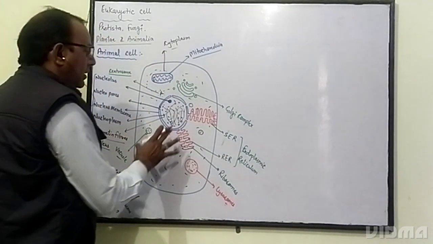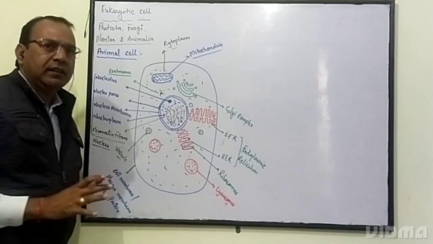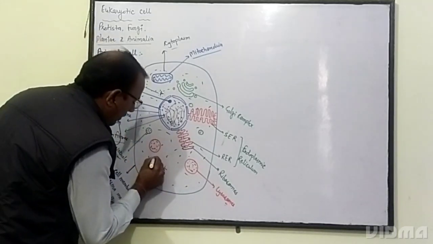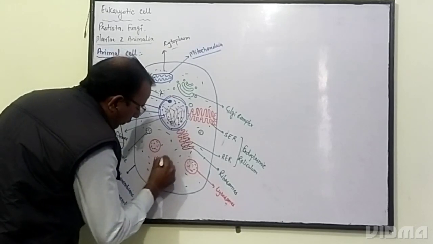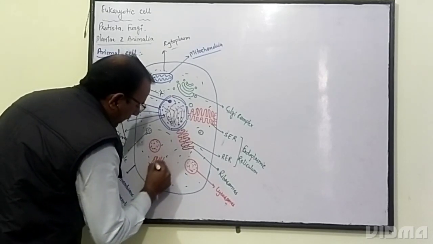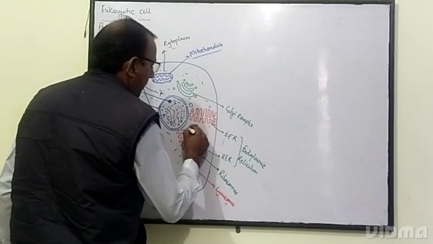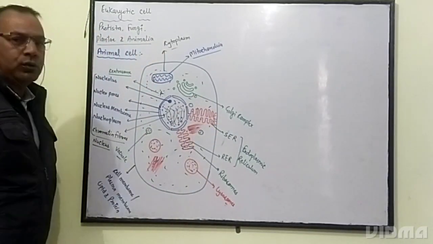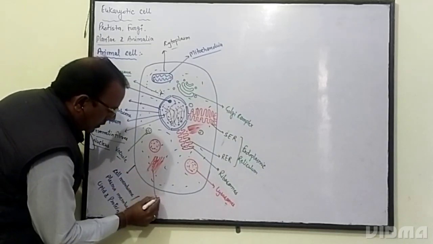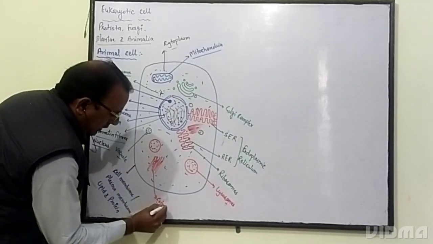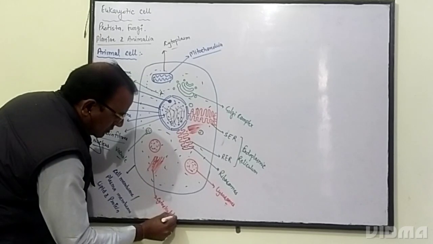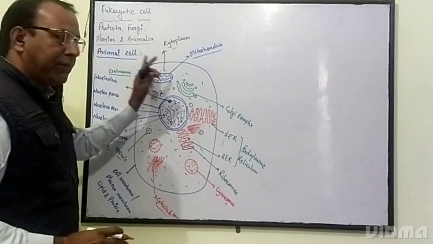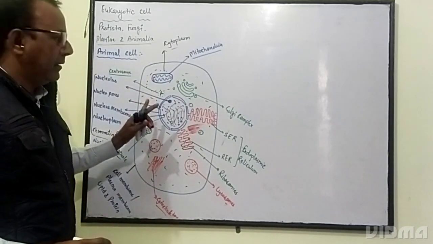Another thing is that this cell has a permanent shape and size. There are some fibers of the cytoskeleton, and the cytoskeleton provides the definite shape of the animal cell.